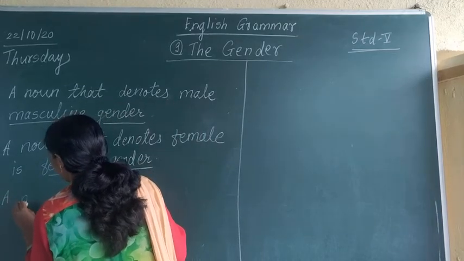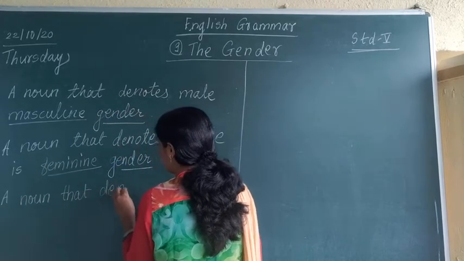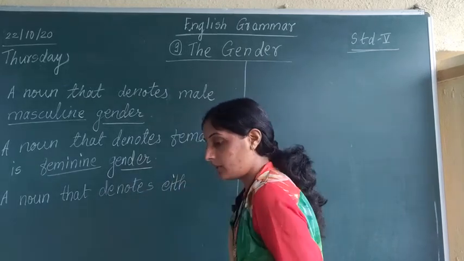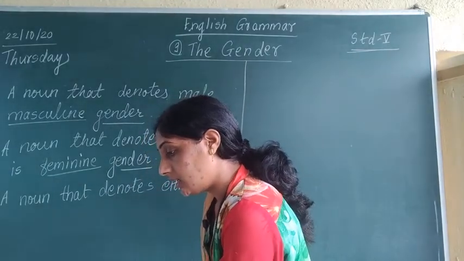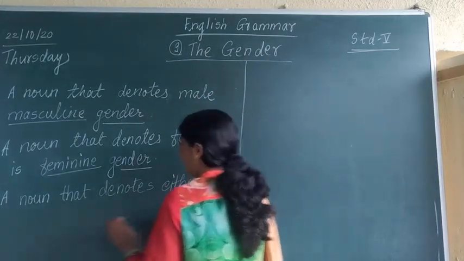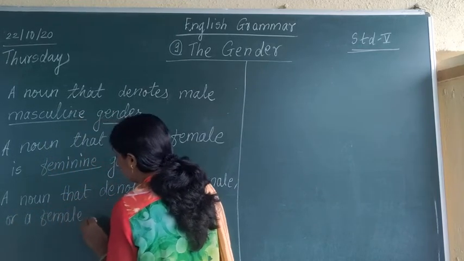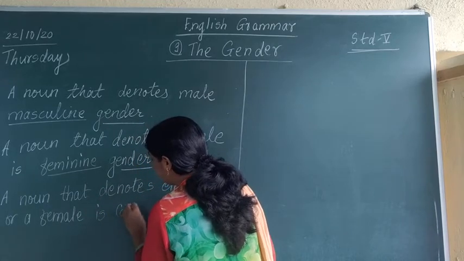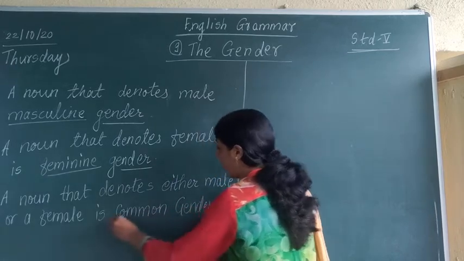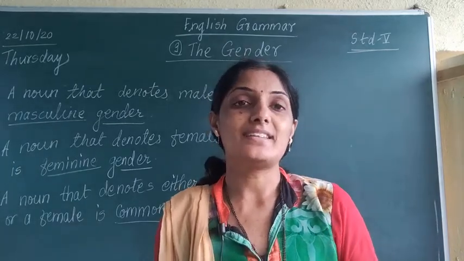A noun that denotes either male or female is known as common gender. And the noun which is not even male, which is not even female, is called neuter gender.